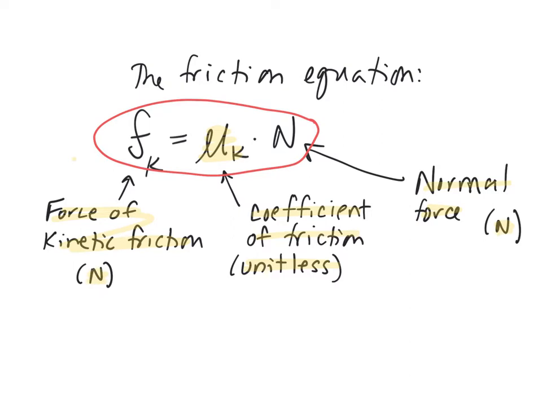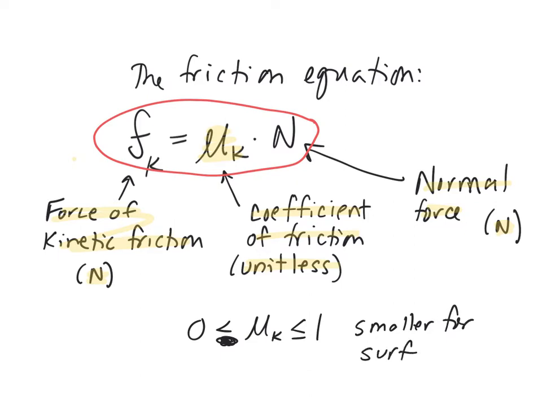And mu k is always pretty much between 0 and 1, as I talked about, can't be equal to, just greater than 0 and less than 1 almost always. It's smaller for surfaces that are smoother, less rough.